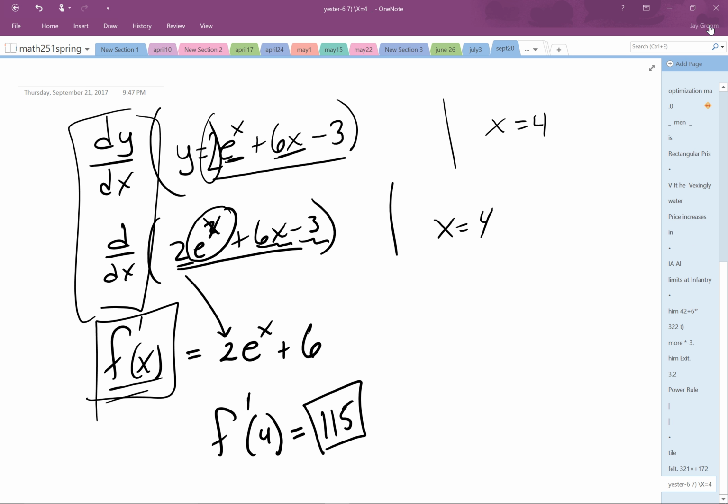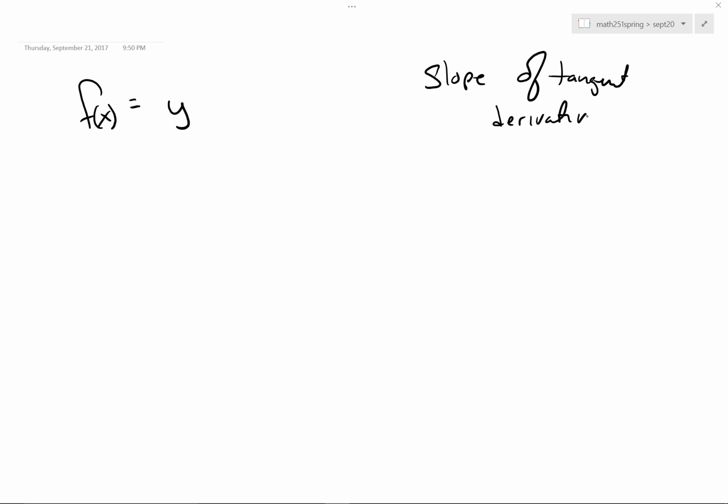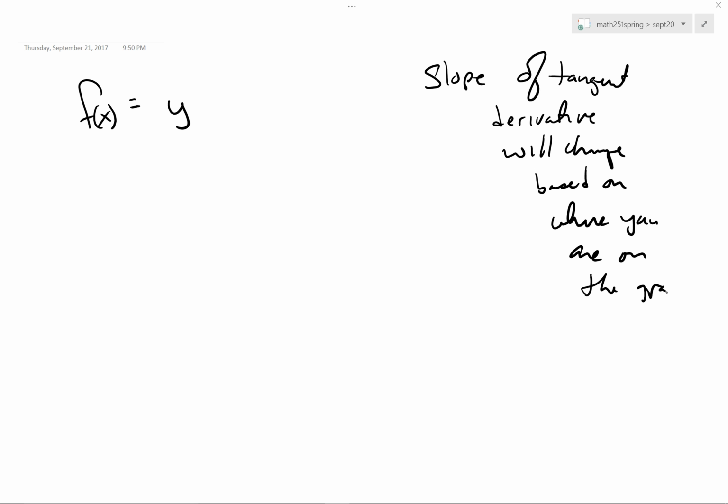Okay? Now, one thing I would like to mention in this chapter, and I think we breeze over it a little bit sometimes, y is a function of x, right? That's what we've said all these years. We said y is a function of x. Okay? Well, if you think about it, the slope of the tangent line, which is a fancy way of saying derivative, will change based on where you are on the graph.